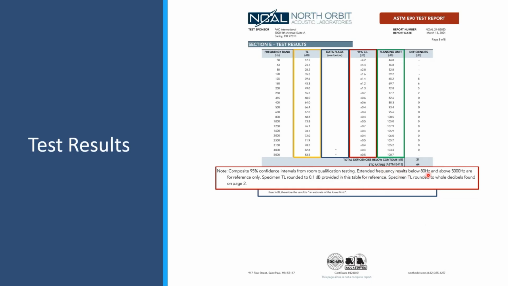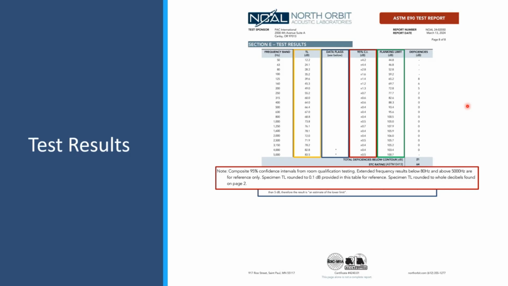Extended frequency results below 80 hertz and above 5,000 hertz are for reference only. So really these are composite 95% confidence intervals from room qualification testing. They're not from this actual test at all, so they're not tied to these transmission loss values.